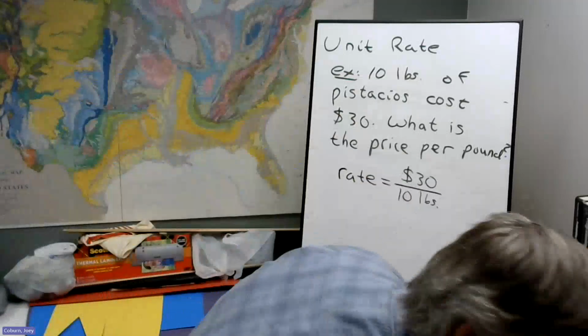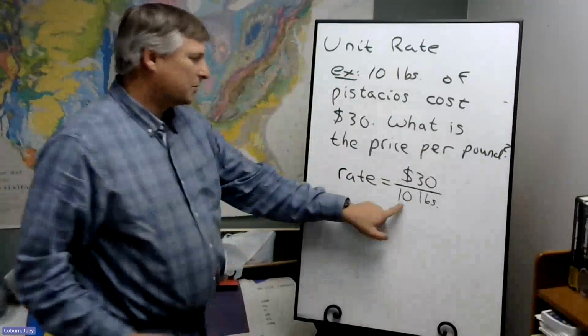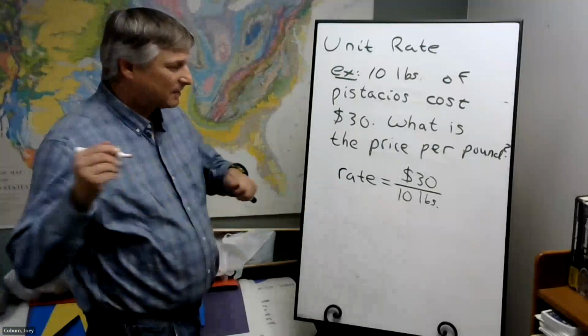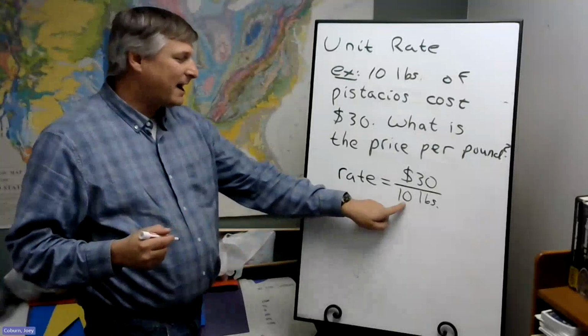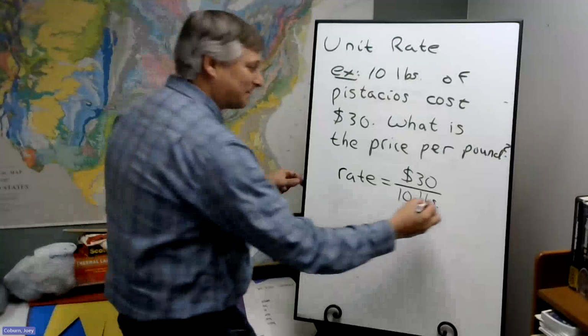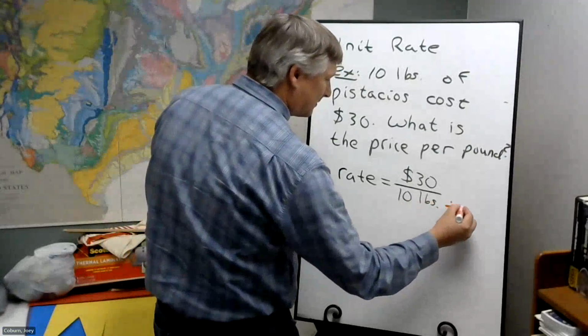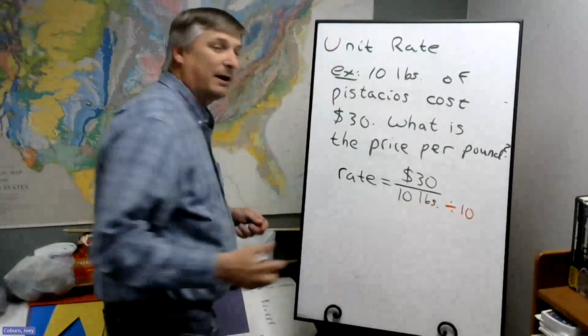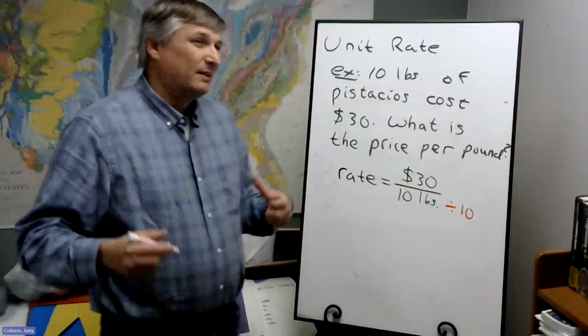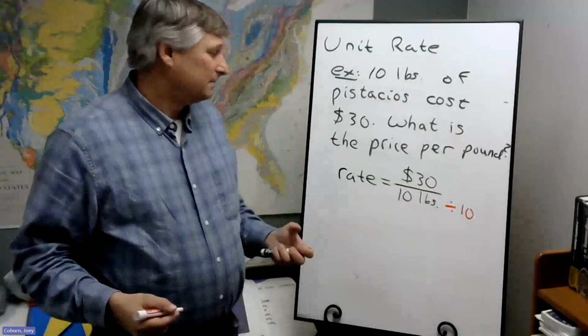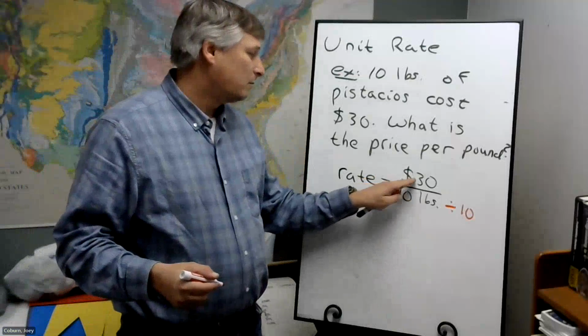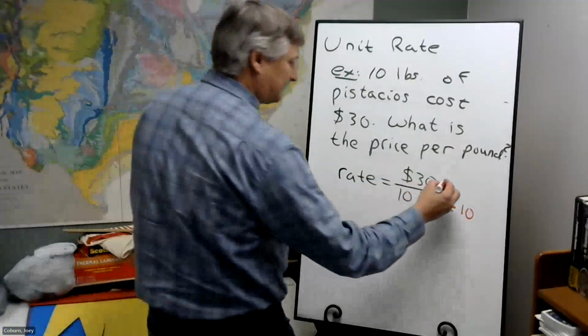So the way we do that, we need to turn this into a 1. And we can do that by dividing by this bottom number. 10 divided by 10 will be 1. But just like with fractions, what we do to the bottom, we have to do to the top.